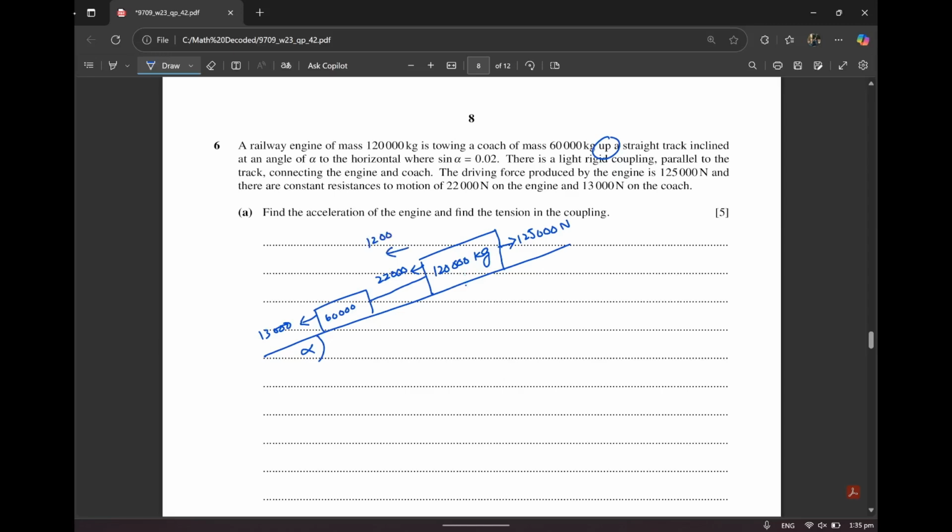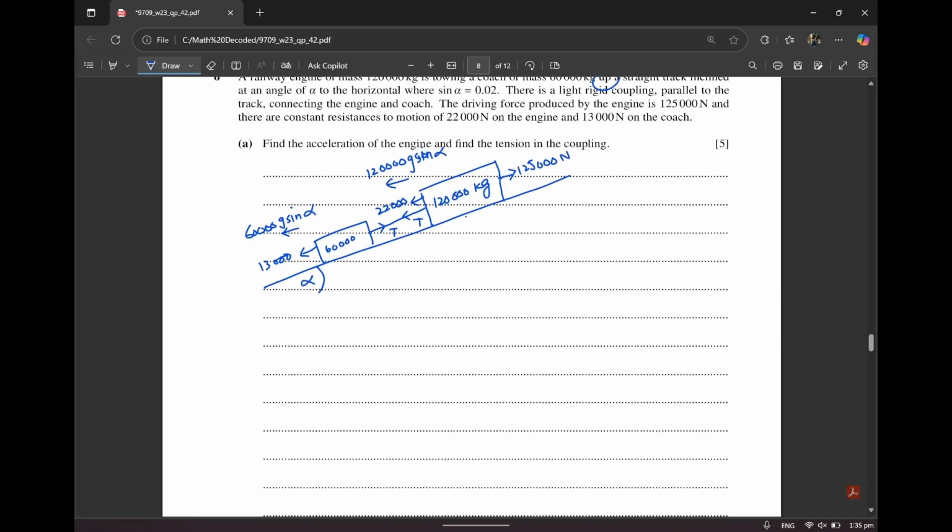So 120,000 G sine alpha and 60,000 G sine alpha. We also know that there will be a tension acting in the string, and yeah, that's pretty much it. Now let's try to solve this.